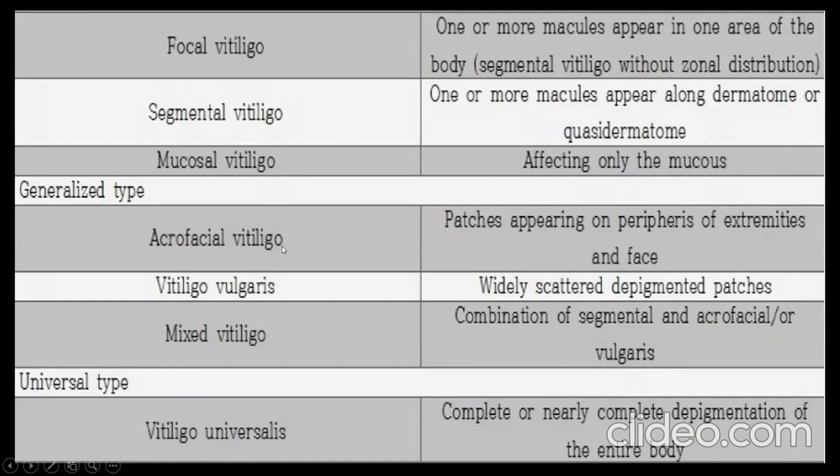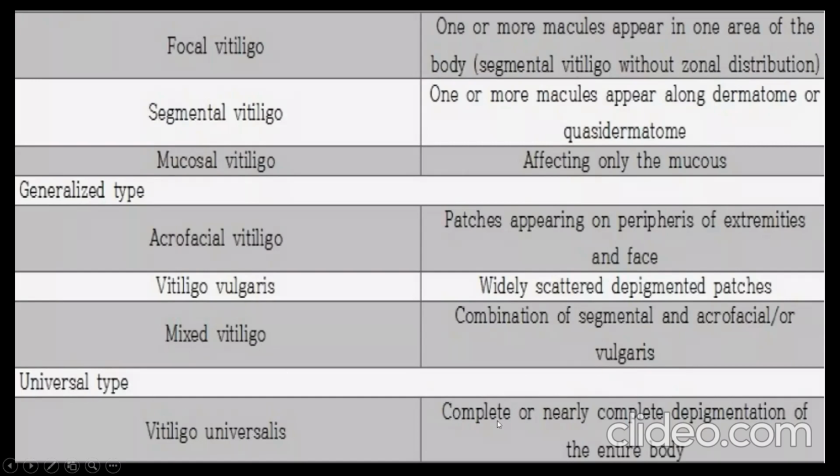In generalized type, acrofacial means patches appearing on peripheries of extremities, that is distal extremities and face. Vitiligo vulgaris, widely scattered depigmented patches. And mixed vitiligo, combination of segmental and acrofacial or vulgaris.